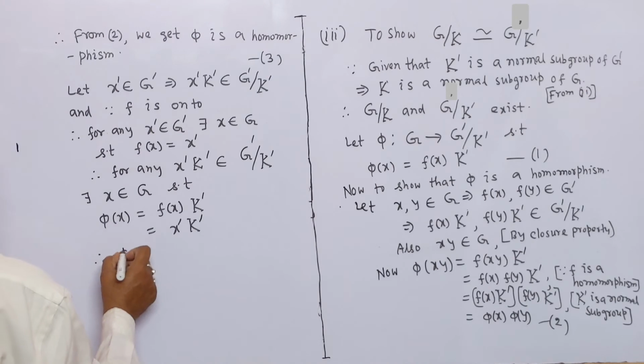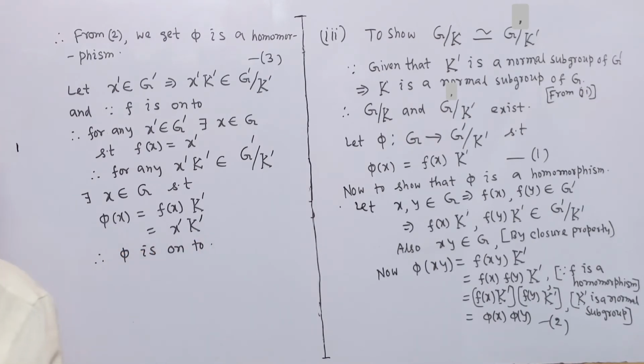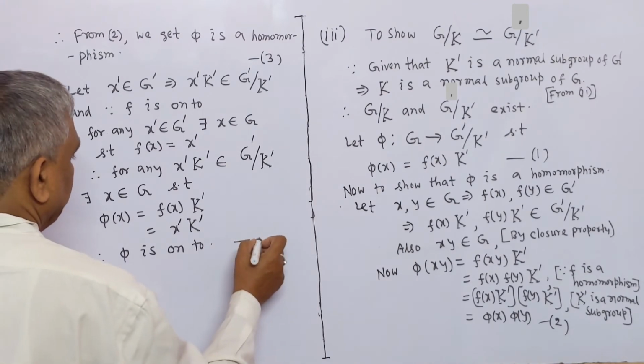Therefore, phi is onto. This is number 4.